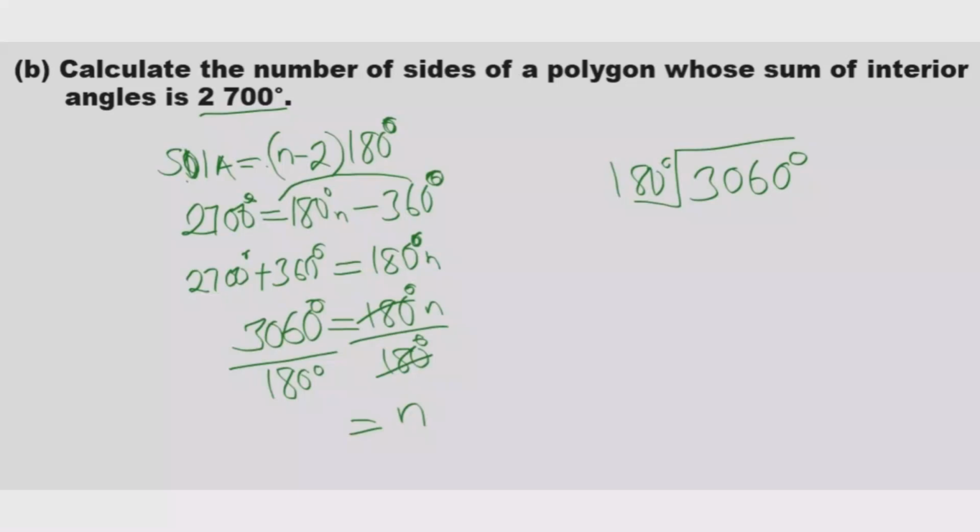So we say, can 180 degrees go into 3? No. Can 180 degrees go into 30? No. Can 180 degrees go into 306? Yes. How many times? 1. We multiply 1 by 180 and it gives us 180.